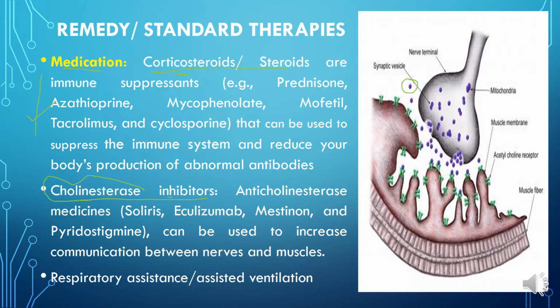So if there is a breakdown of this acetylcholine, then despite the receptors being present in high number, as the amount of acetylcholine is very reduced, there will be less signal transmission.